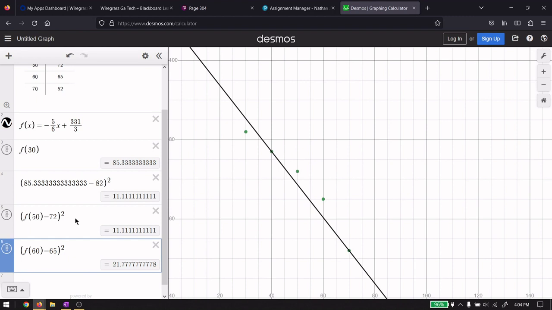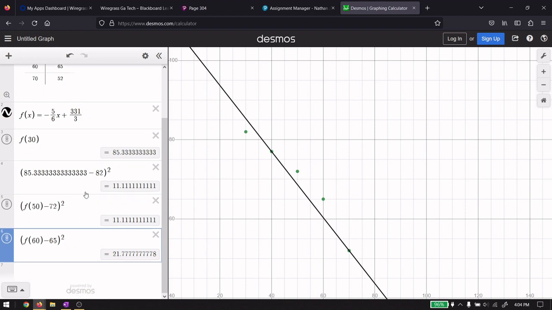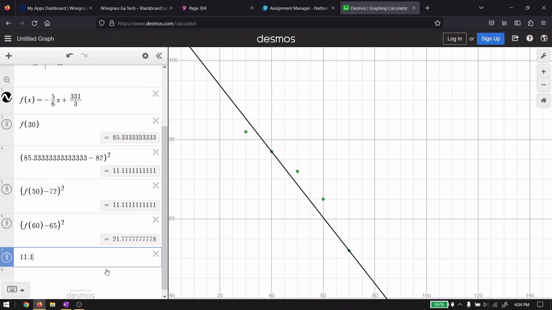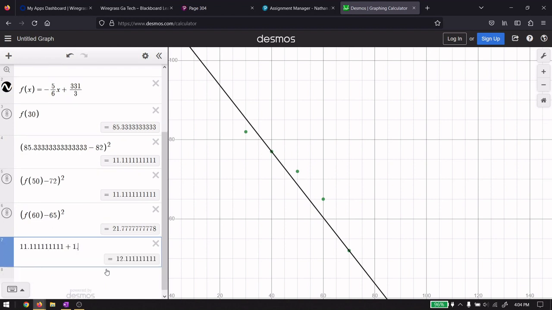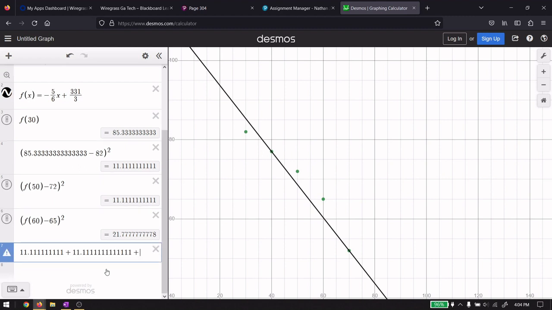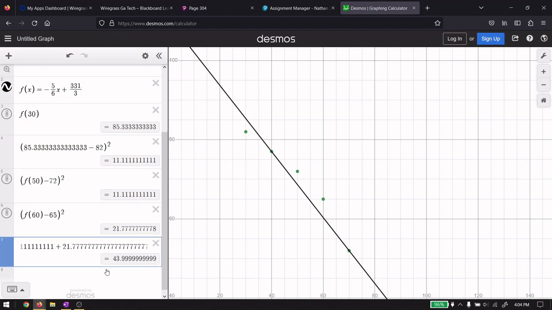Okay, so now we have all of our squared residuals, and we want to add them up. Now, of course, you can just go 11 point plus 11 point plus 21.7777. Kind of a clever way to do this is to give these variables.